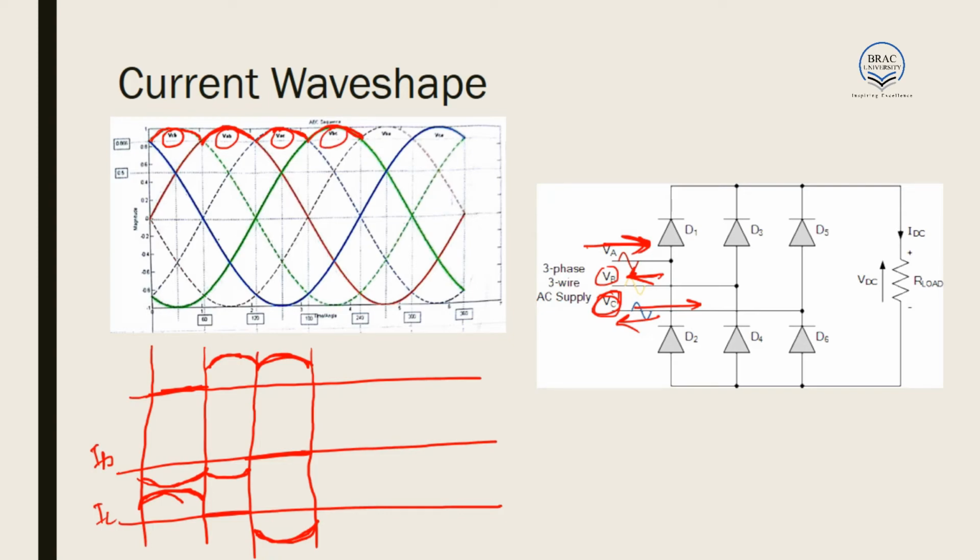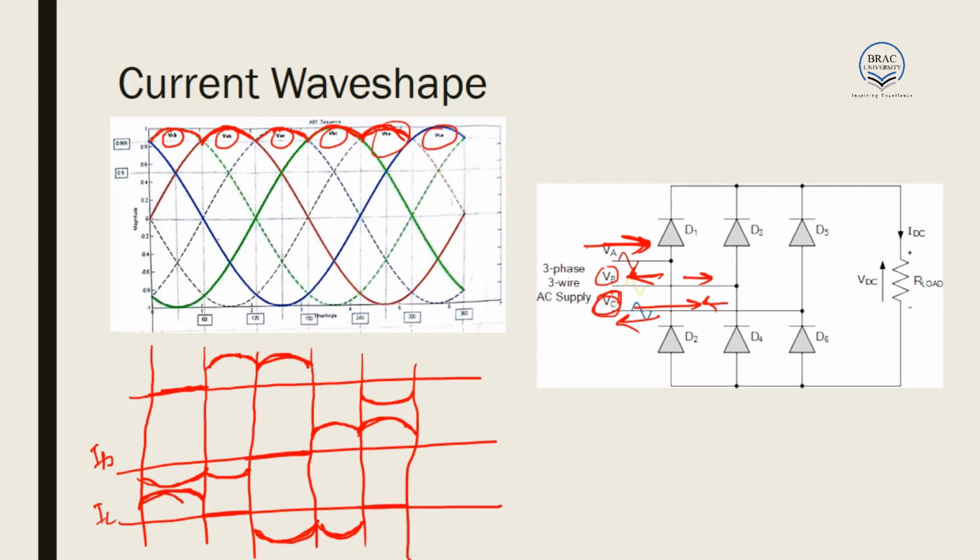And in the next stage we have VBC, which means that current goes out of B and comes back through C. So for the next 60 degree, we have a positive current through phase B and a negative current through phase C. For the next 60 degree, we have VBA, which means there is a positive current through B and a negative current through A, and C is 0.